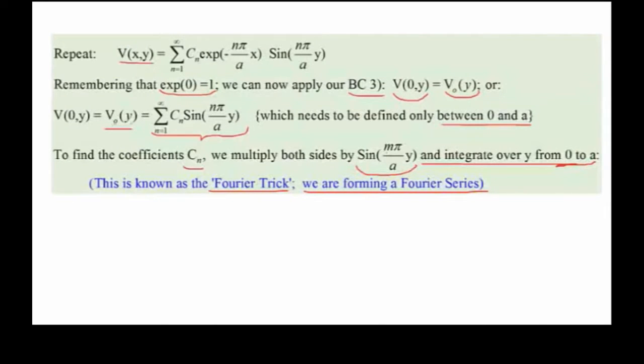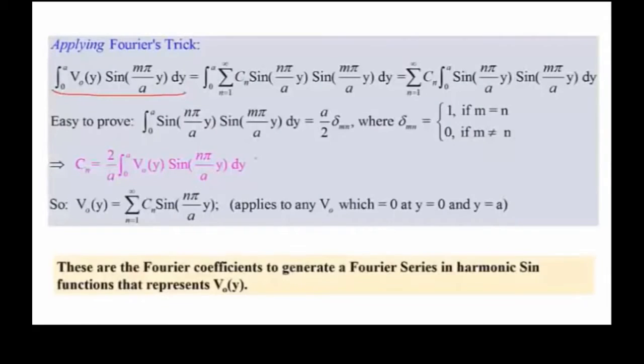Here's v0 of y times this sum, and we multiply both sides by sine m pi y over a. Here it is on the left hand side, and here it is on the right hand side. It goes into the sum because the factor sine m pi y over a multiplies the whole summation; every term gets multiplied by this. Then we integrate over y, again from 0 to a.